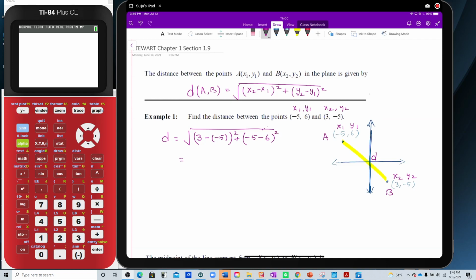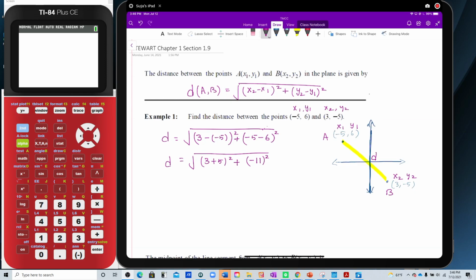If I simplify this further, when I multiply two negatives, it becomes positive. So this would be 3 plus 5 the whole squared, plus, if I add two negative numbers, it would be a negative. I would add and put the negative sign, right?